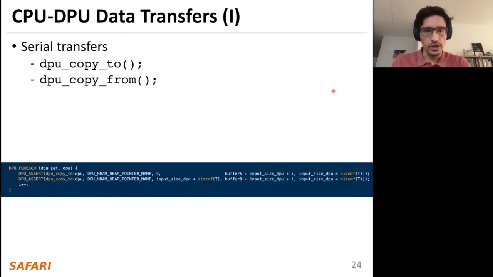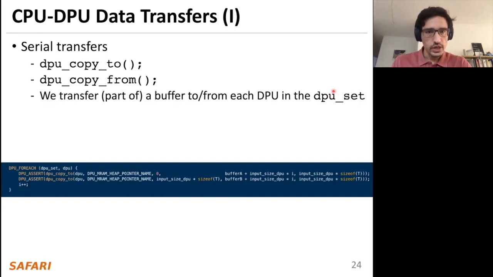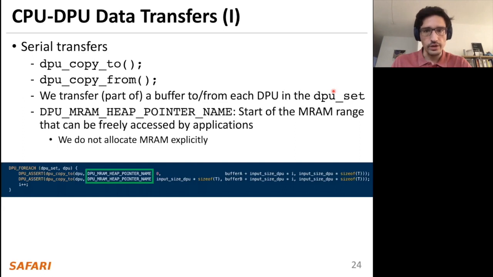And this is how these two library calls are used. So we need to define first of all what's the address of the MRAM area that we want to use. In this case, we are using this constant here, which defines what's the start of the MRAM range that can be freely accessed by applications.